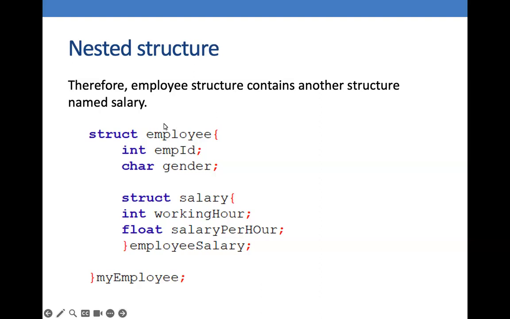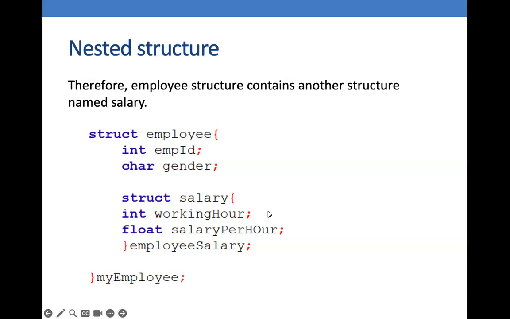So therefore, we have struct employee with these members, employee ID, gender, and then another structure, which is salary, wherein the salary has these inner structure members, working hour and salary per hour.